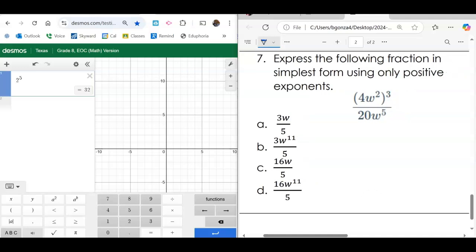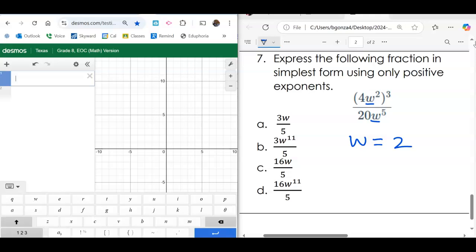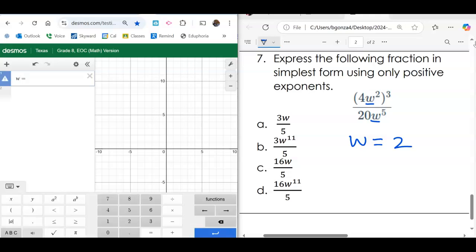So what letter did they use in number 7? Only W. So I'm going to say W equals 2. I could use 3, but I can't use 0 or 1. Okay. So W equals 2. So I'm going to go over here to Desmos and I'm literally going to type W equals 2. And then I'm going to type in the original expression.